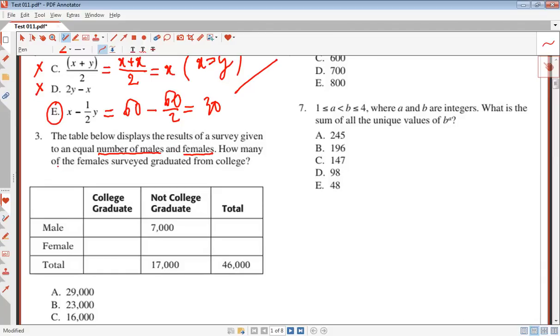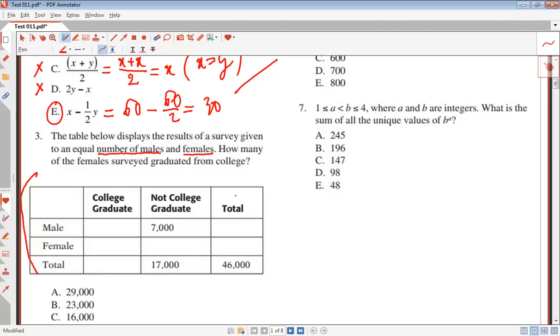How many of the females surveyed graduated from college? Here we need to notice that the number of males and the number of females are equal. We just need to complete the following table.